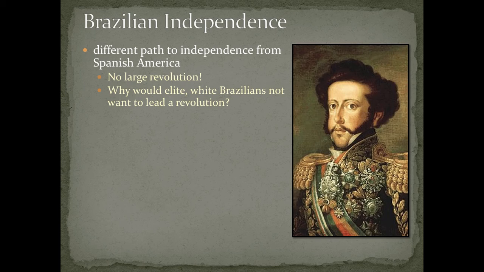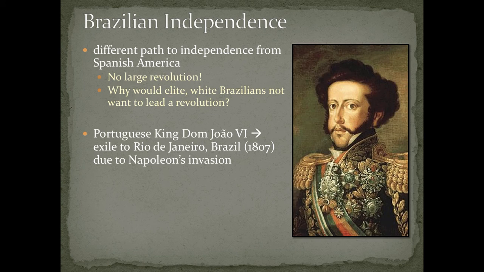So that's why revolutions like the Haitian Revolution, which was largely a slave revolt, you would not want something like that inspiring slaves to revolt here in Brazil. So here's how this happened for Brazil gaining independence. The Portuguese king, Dom João VI, runs off to Rio de Janeiro in Brazil in 1807. All right, so he's trying to escape those problems of Napoleon.